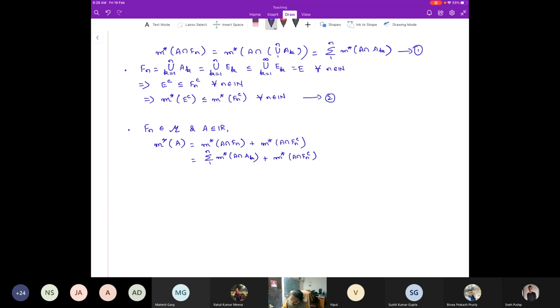Now this is M star of Fn complement. So this follows from 1. Now by 2, this is going to be bigger than or equal to the summation 1 to n of M star of A intersection with AK plus M star of A intersection with E complement, by 2.